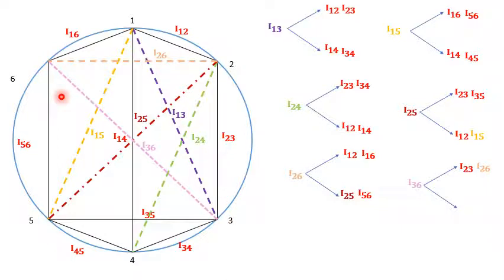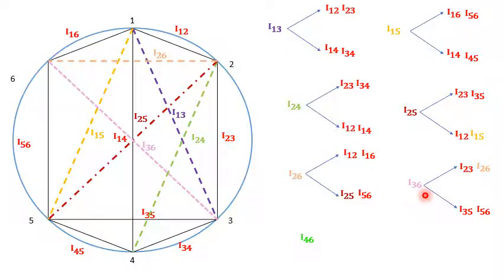Or we can take other points also, that is I23 and I26. Using these points also we can locate I36.